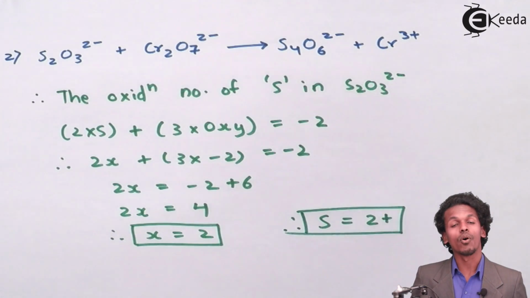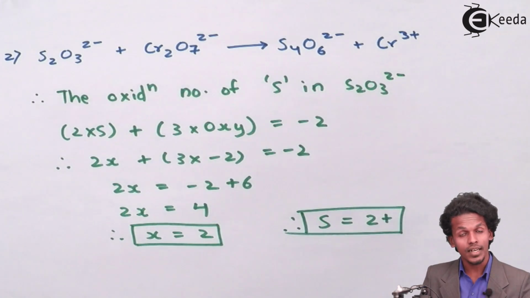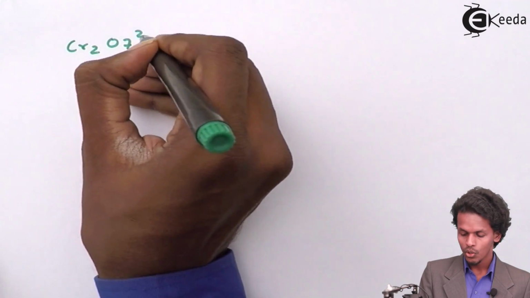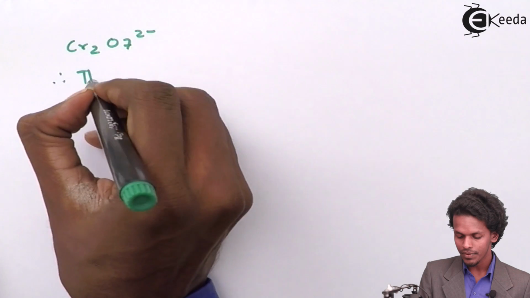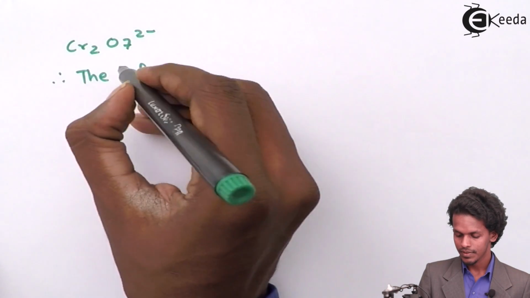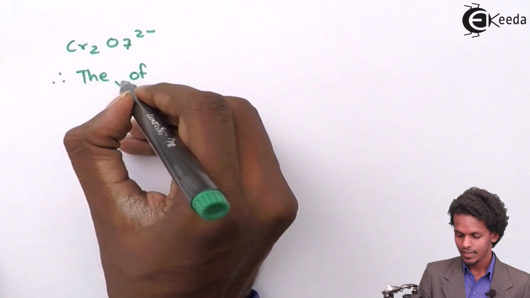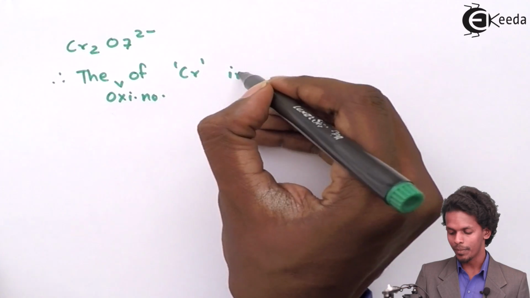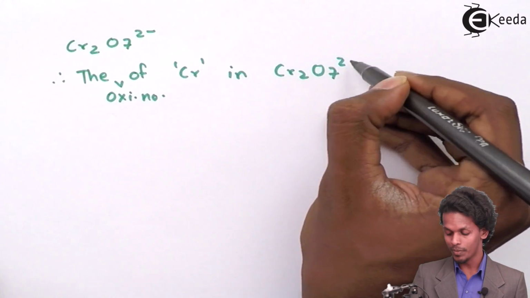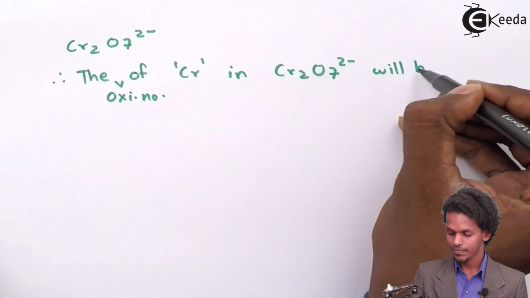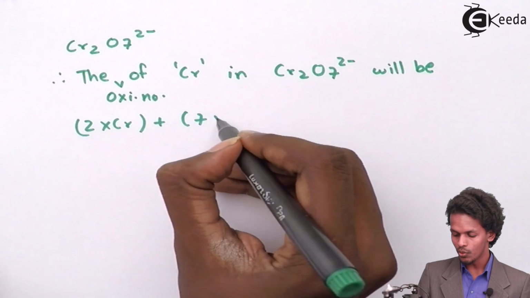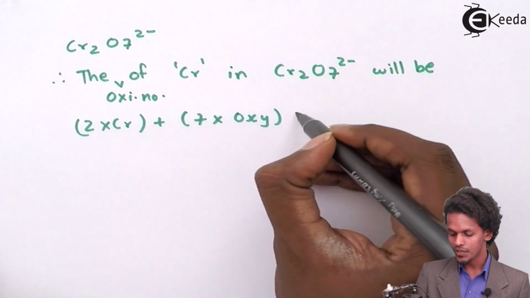So now let us calculate for the other reactant. The next reactant molecule is nothing but Cr2O7 2 minus. So therefore the oxidation number of Cr, that is chromium, in Cr2O7 2 minus will be 2 into chromium plus 7 into oxygen, and overall charge is minus 2.